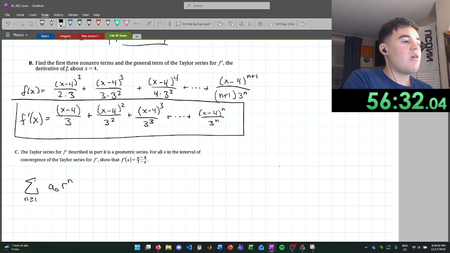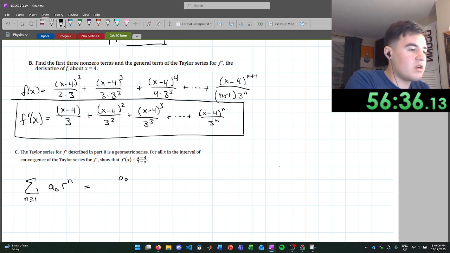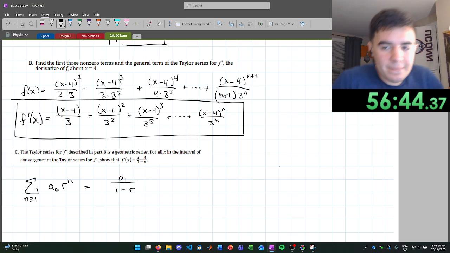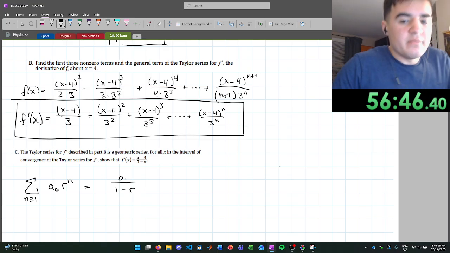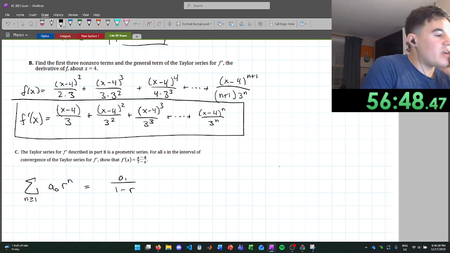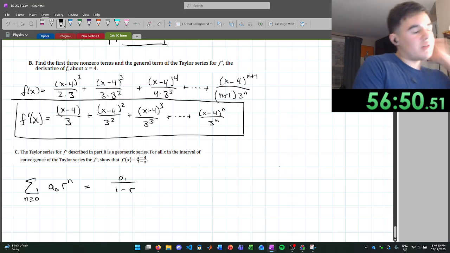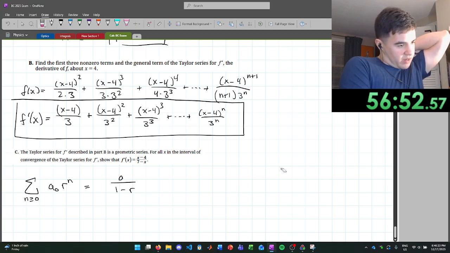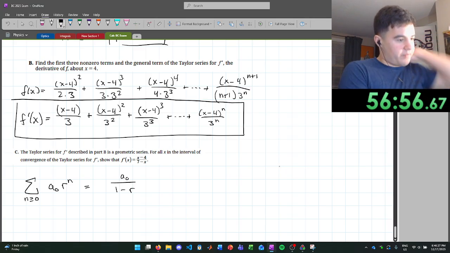When this converges, it equals the value of a of 0, the first term, over 1 minus r, right? I don't remember the specific notation, but it's the first term divided by 1 minus the rate.